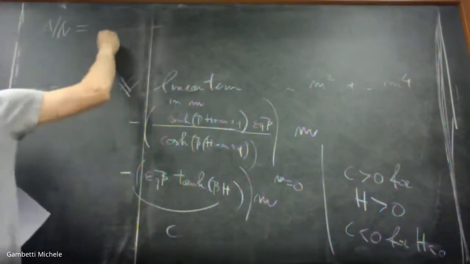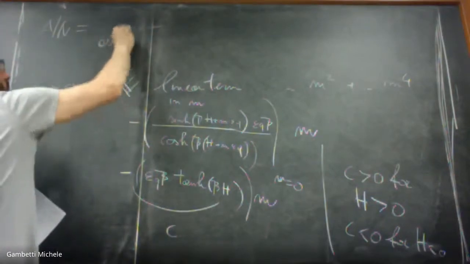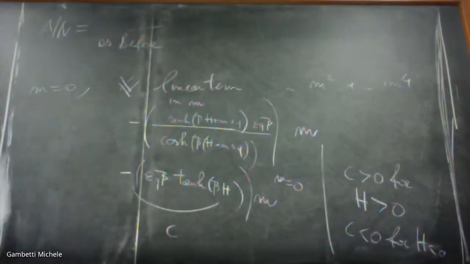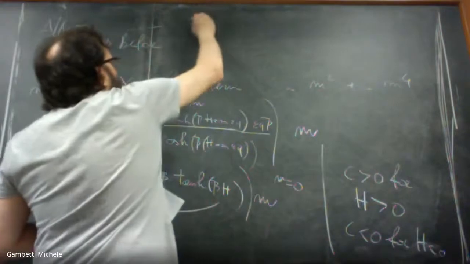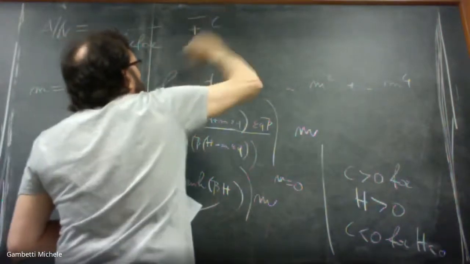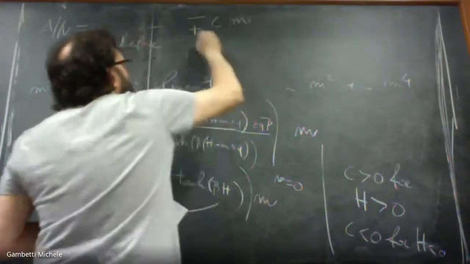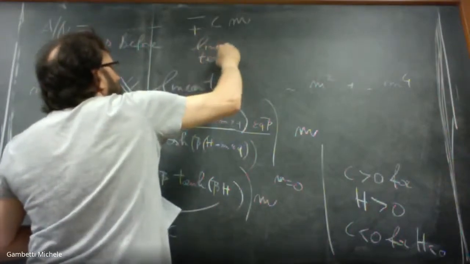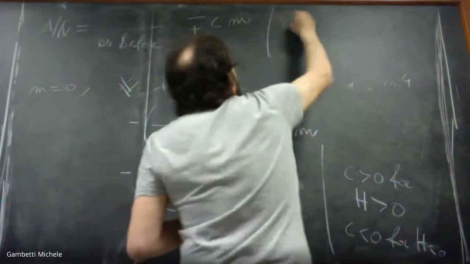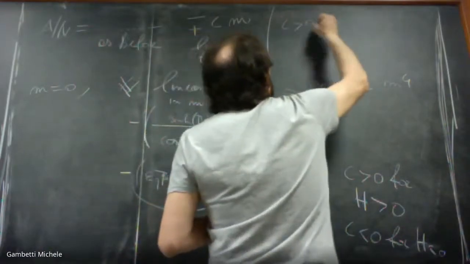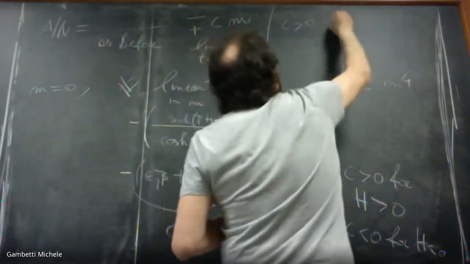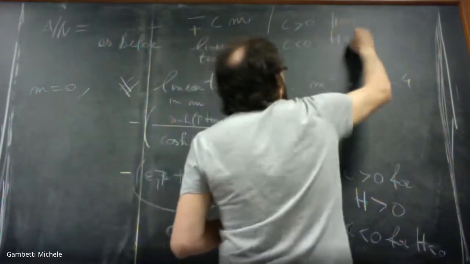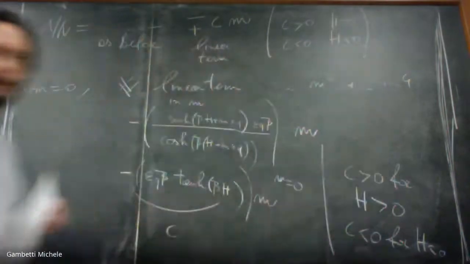So it has terms as before, but it has also a minus plus Cn, which is the linear term, where C, as I said before, is positive if H is positive, and C is negative if H is negative.